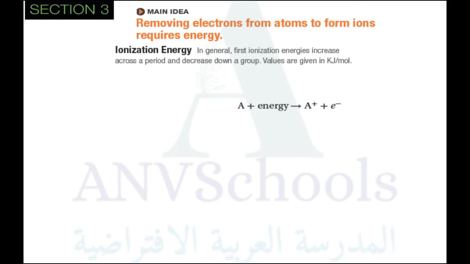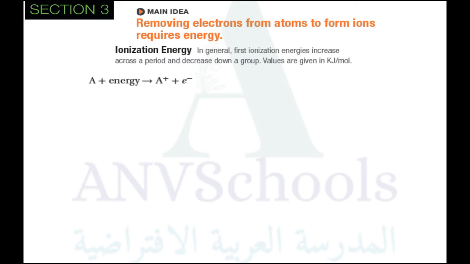Ionization energy is the energy needed to ionize the atom. First of all, in order to ionize an atom, the atom has to lose its electron. So to lose that electron, energy must be paid for that.